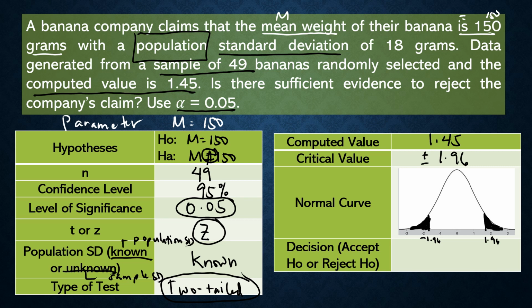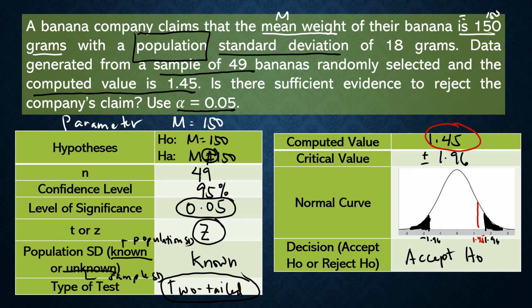To know that, let's plot the computed value. As you can see, we can plot 1.45 here. The computed value falls on the unshaded part. Since it falls on the unshaded part, it implies that we're going to accept the null hypothesis.